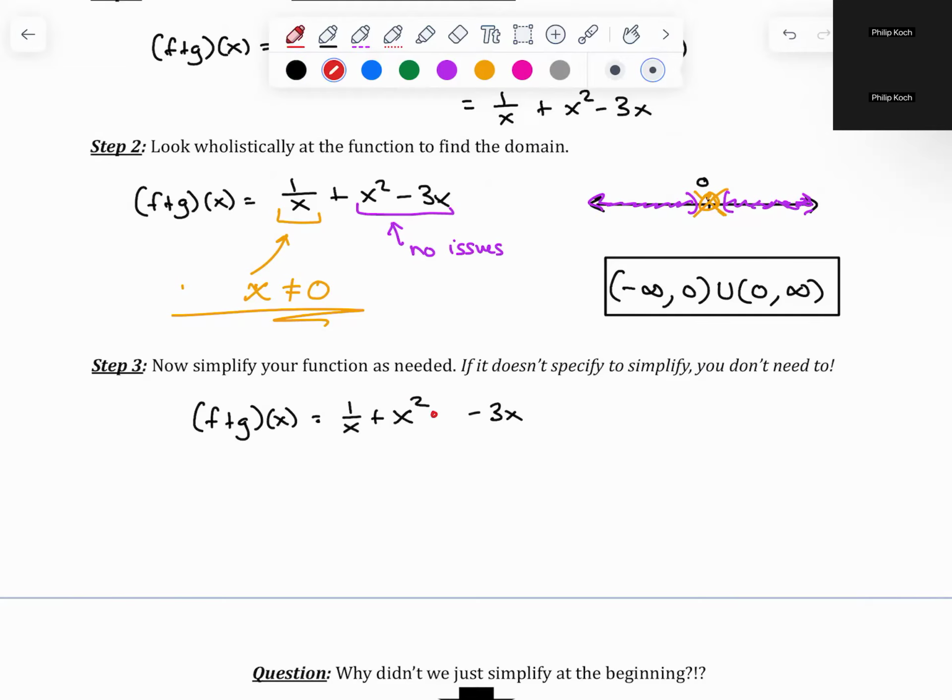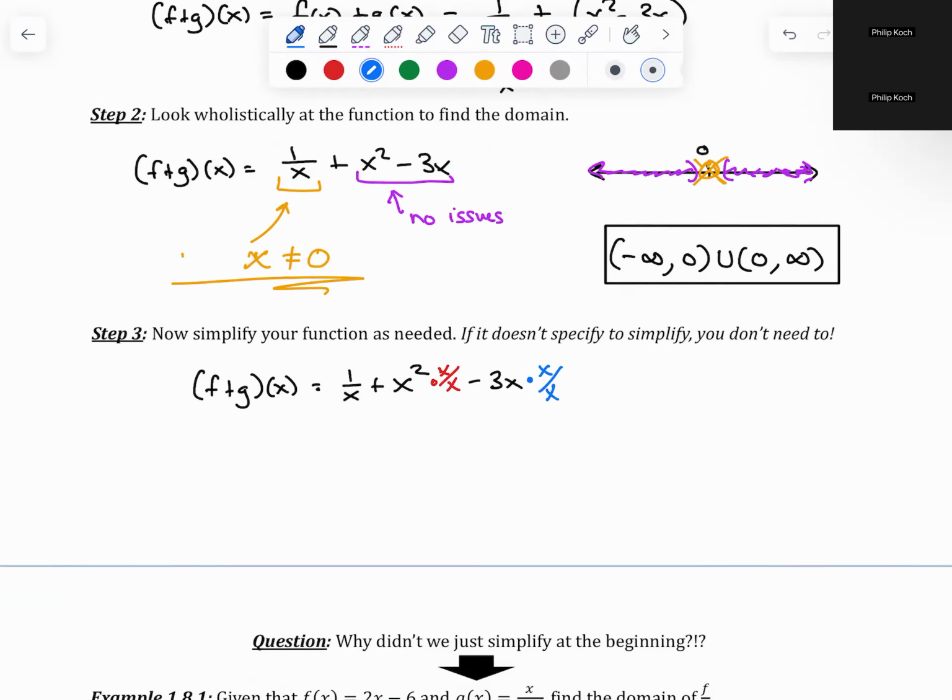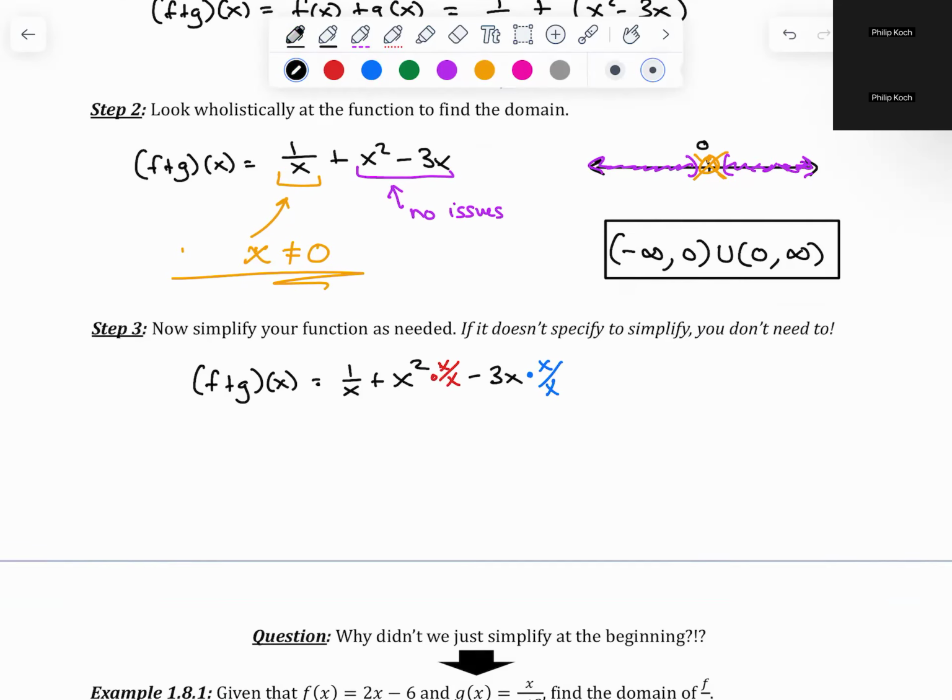So we'll multiply the second and third terms by x over x. And that will give us 1 plus x cubed minus 3x squared, divided by x. That equals f plus g of x.